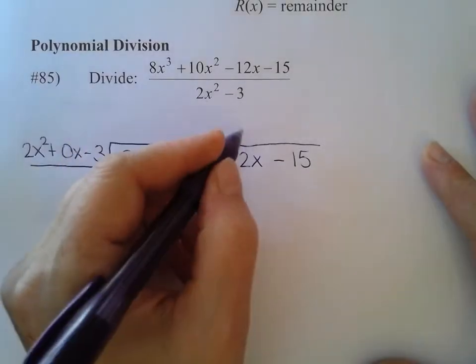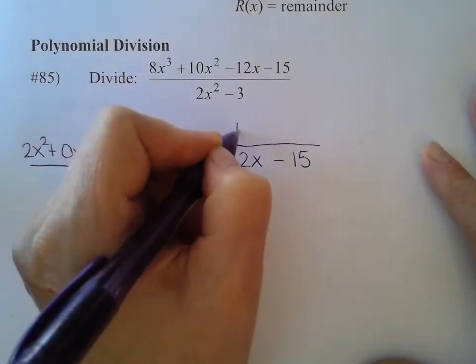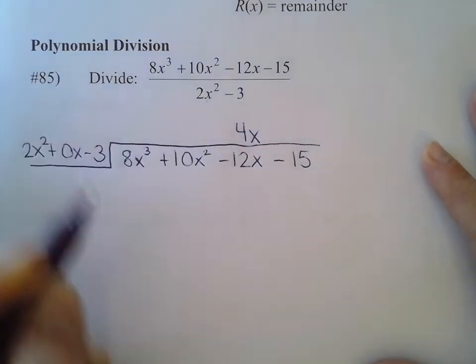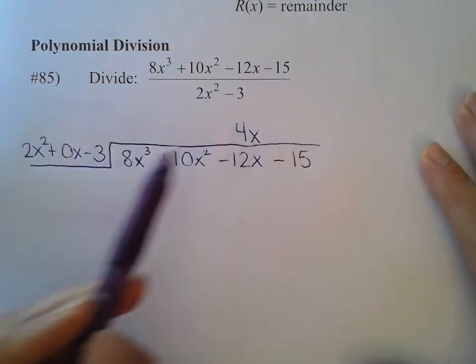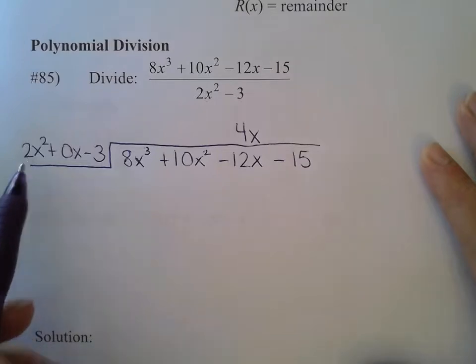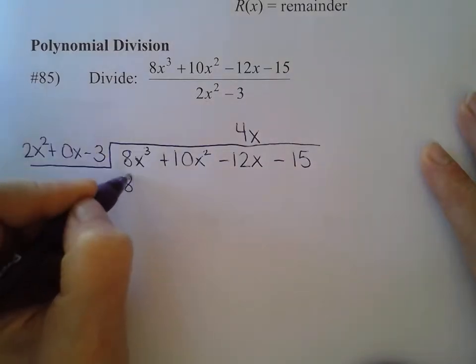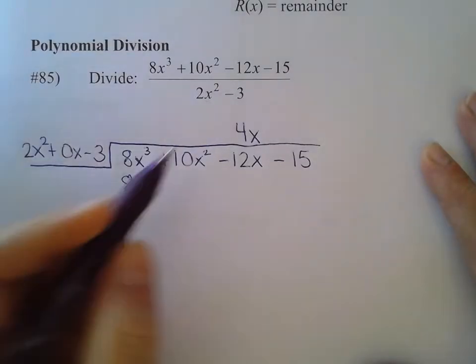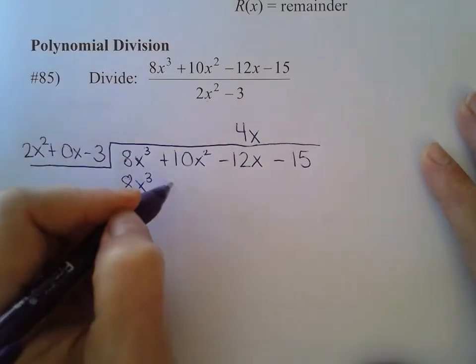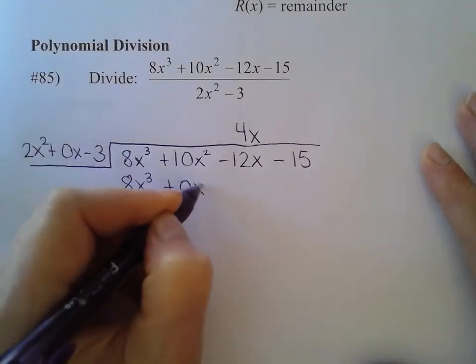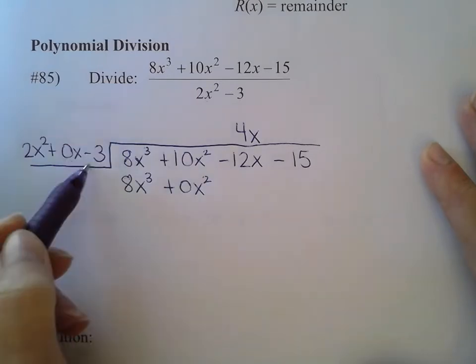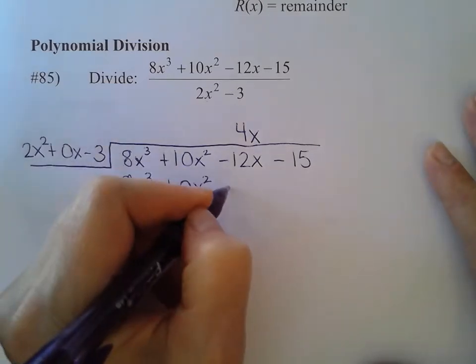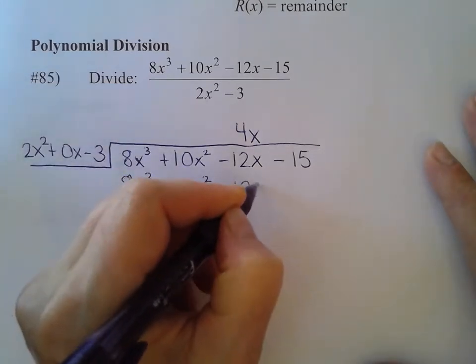It's better to line it up with its power of x. So 4x multiplied by what we have out here: 4x times 2x squared gives 8x cubed, 4x times 0x gives 0x squared, and 4x times negative 3 gives a minus 12x.